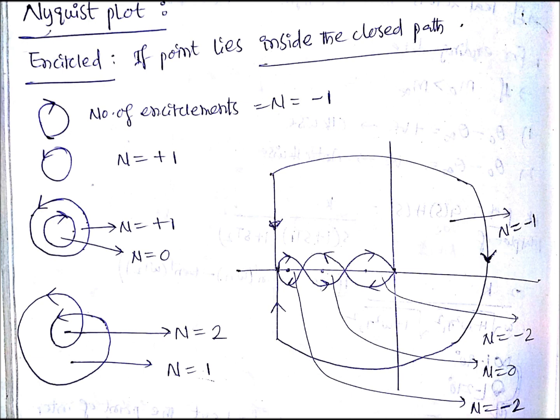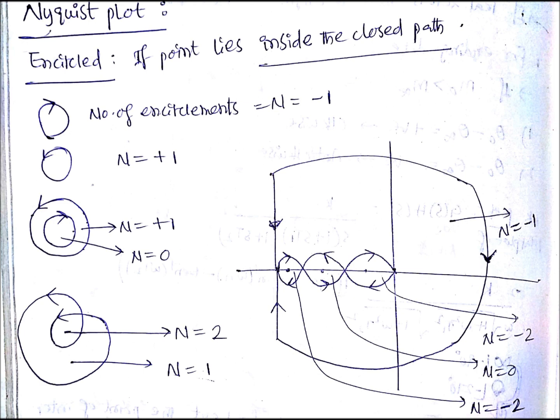With the arrow symbols I have indicated four points and the number of encirclements for each. For the top point, n equals -1. That means it is encircled only once, in the clockwise direction. For the second one, n equals -2, because the outer one is there anyway, and it is encircled by one more clockwise path.